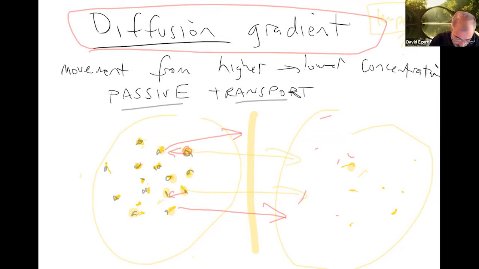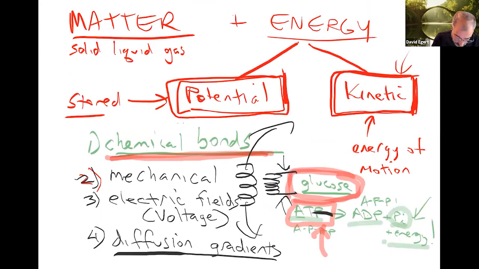So diffusion gradient is another form of potential energy here. There's one other kind of potential energy which is important in most things, but not so much in our class. Potential due to gravity.